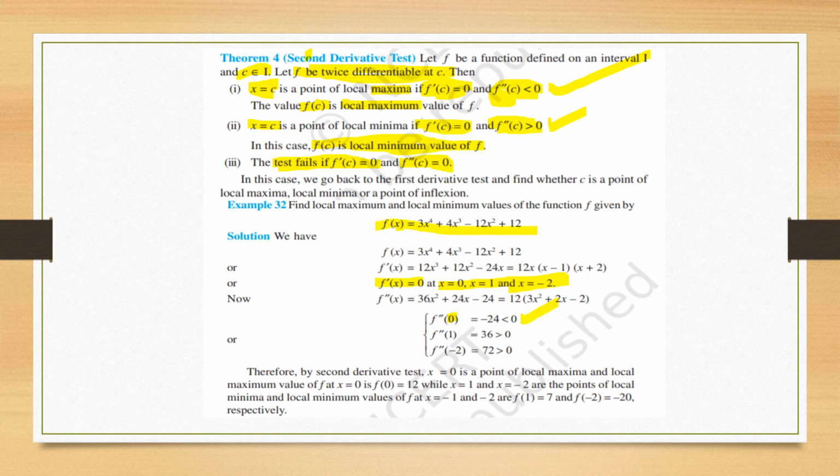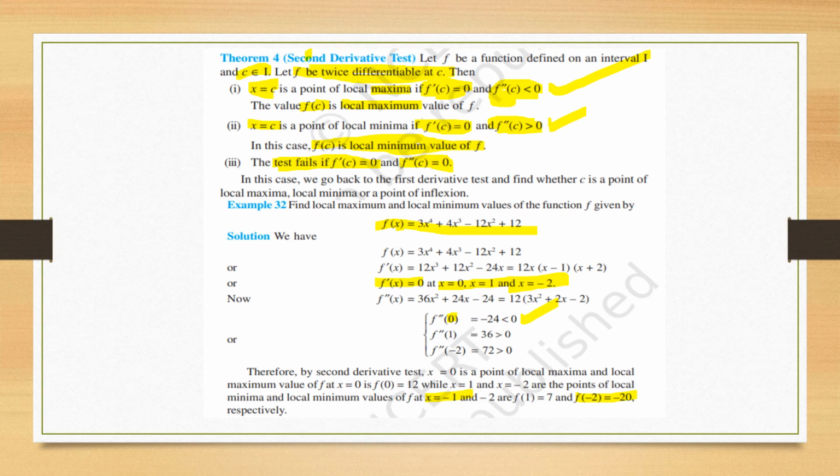So f of 0 is, as you can see clearly, 12. So x equal to 0 is the point of local maxima, and the value is obtained by putting x equal to 0 in f(x). And at 1 and minus 2 it has the local minima. For the local minimum values, f of 1 I get as 7, and f of minus 2 comes out as minus 20 respectively.